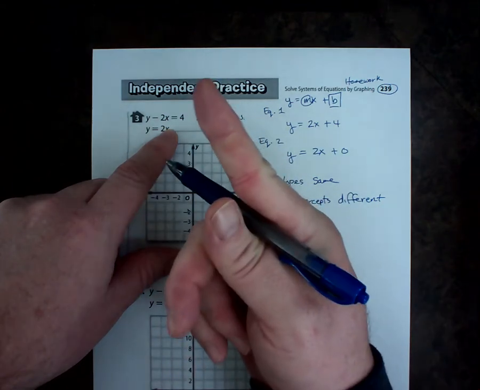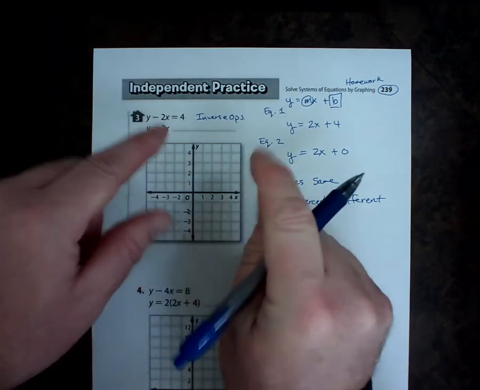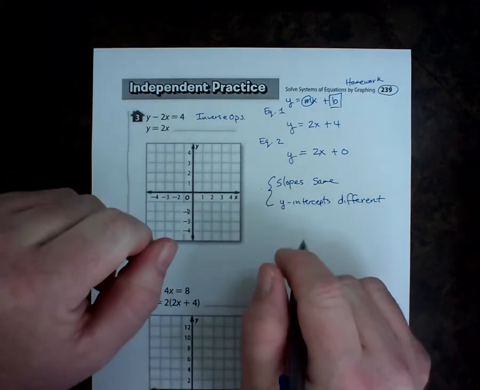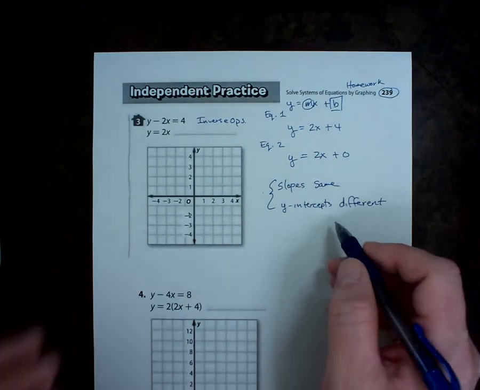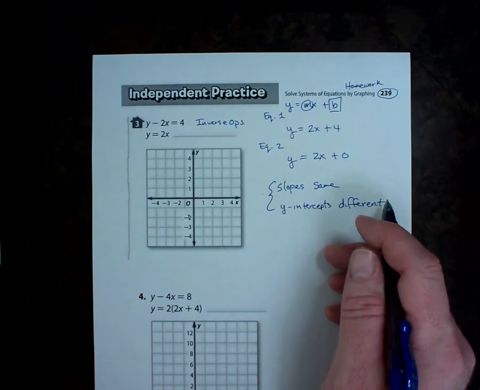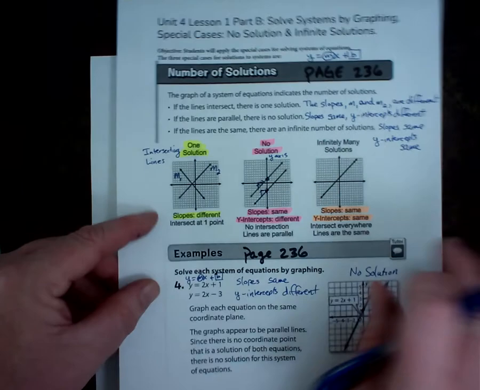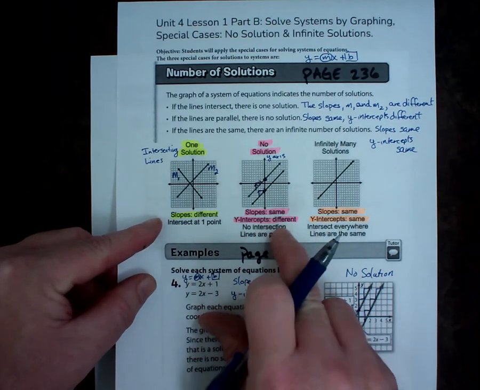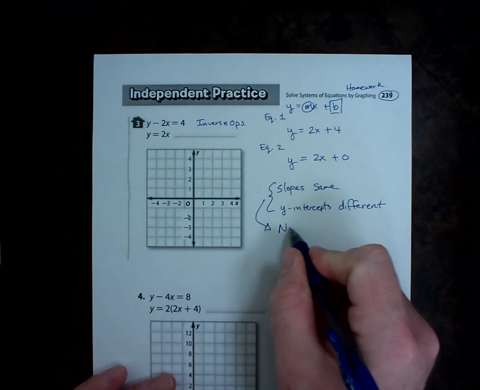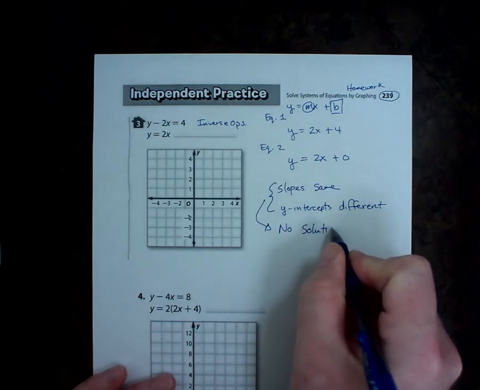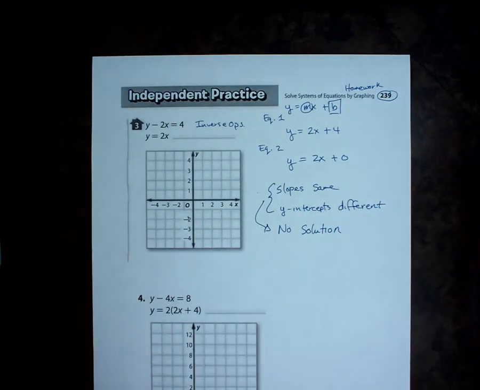One solution, no solutions, or infinite solutions? And the truth is, where the slopes are the same but the y-intercepts are different, we have no solution. And then we need to graph it.